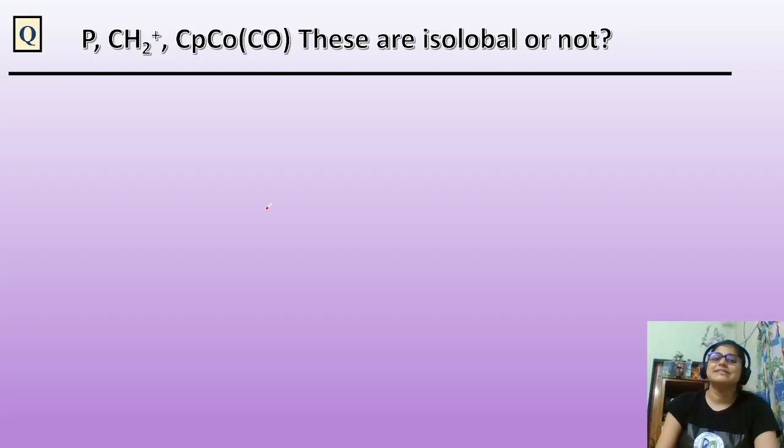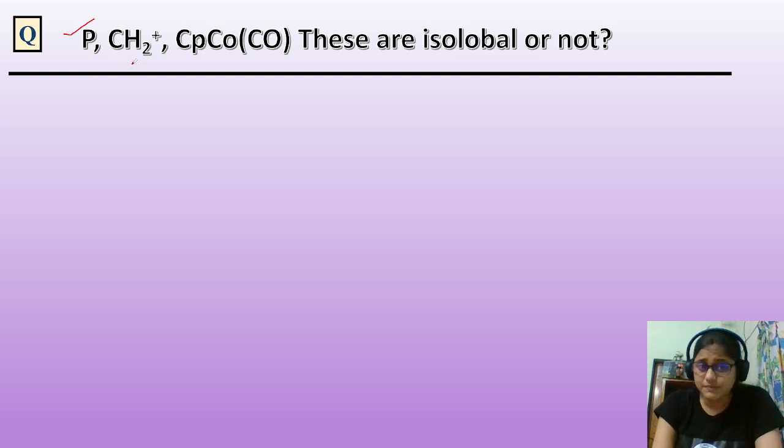So these are some questions. Let's just solve them. Phosphorus is there, fine. CH2 plus, CpCO. This is the ligand, this is cobalt. Are these isolobal or not? So for the 3 cases, I have to calculate. See, here non-transition metals like main group elements are also present and the transition metal is also present. Okay.